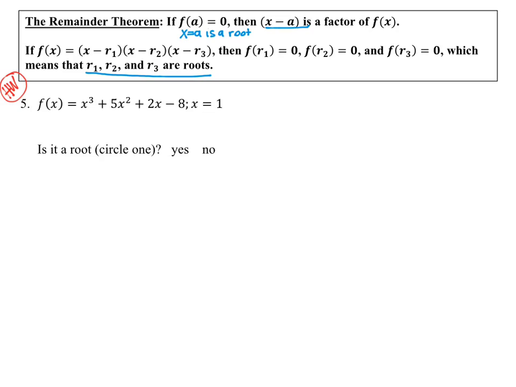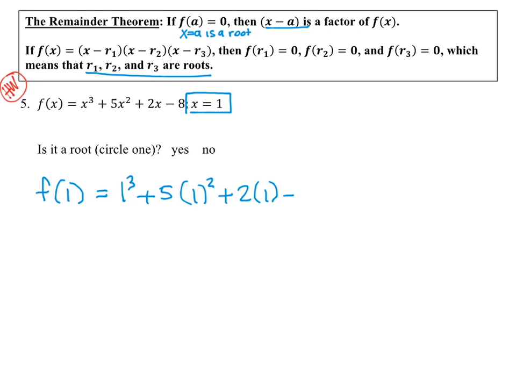On the 3.6 homework, there are 4 questions that give you a polynomial and ask if a given number is a root. What you're going to want to do is plug that number in for x. So I'd go f of 1 equals 1 cubed plus 5 times 1 squared plus 2 times 1 minus 8, and then simplify this.